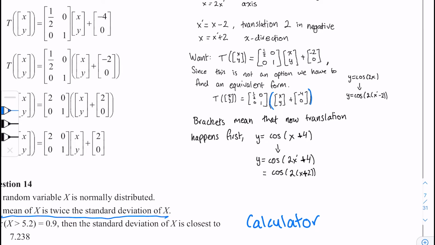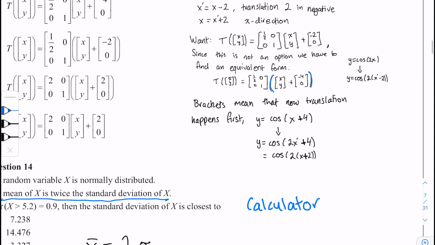So we didn't write the steps properly. So the steps should have been x dash equals x minus 4. So we get x equals x dash plus 4. And then with the other step, it should be x dash equals half x, x equals 2x dash.